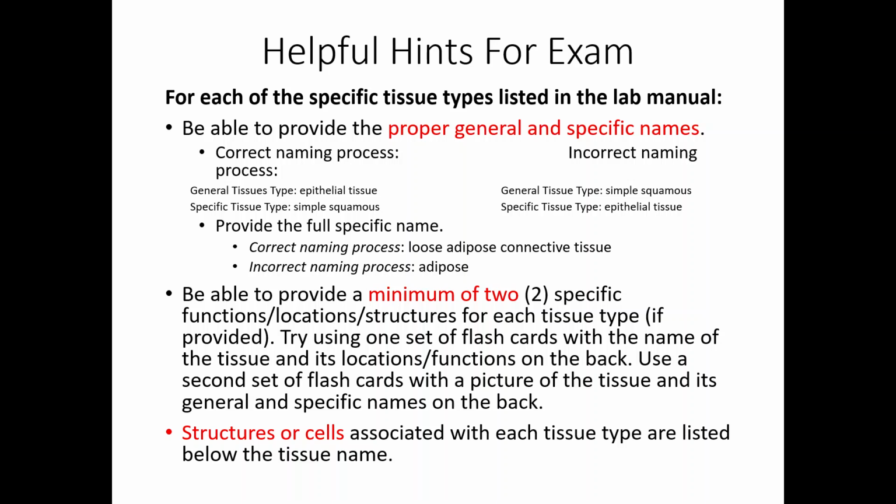So any tissue that has an extra bullet point within the little table, that's an additional structure or cell that you're going to need to be familiar with. So for example, blood tissue, you don't have to just know that it's blood tissue, but you need to know the difference between a red cell, a white cell, and a platelet.